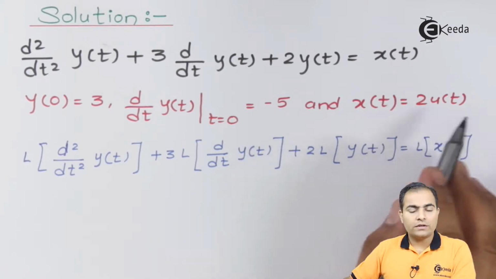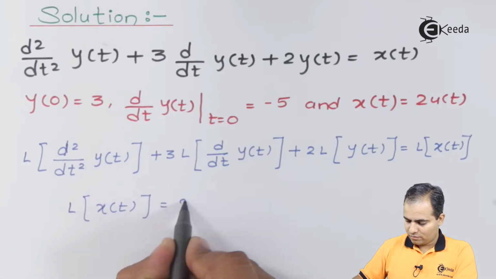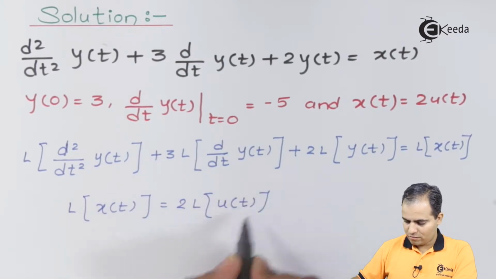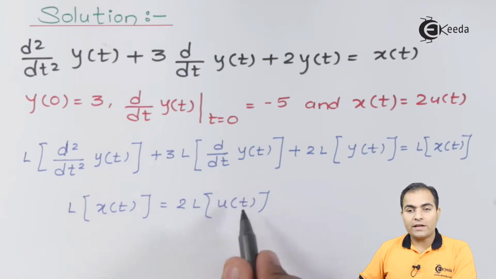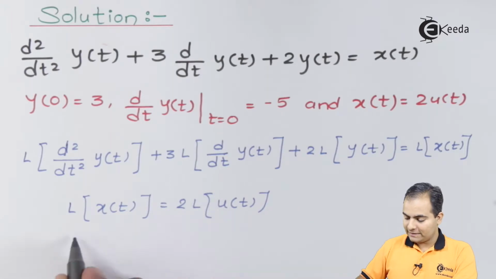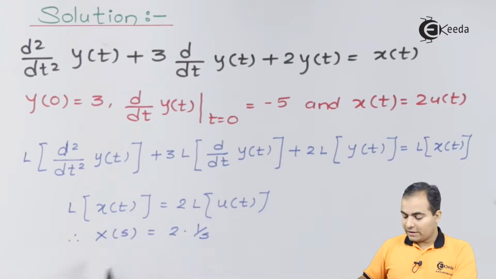Basically, x of t is twice of u of t. So the Laplace transform of x of t is nothing but twice the Laplace transform of u of t. And we know that the Laplace transform of x of t is represented by x of s, whereas the Laplace transform of u of t is 1 by s. So what is our result? The x of s answer is 2 by s only.